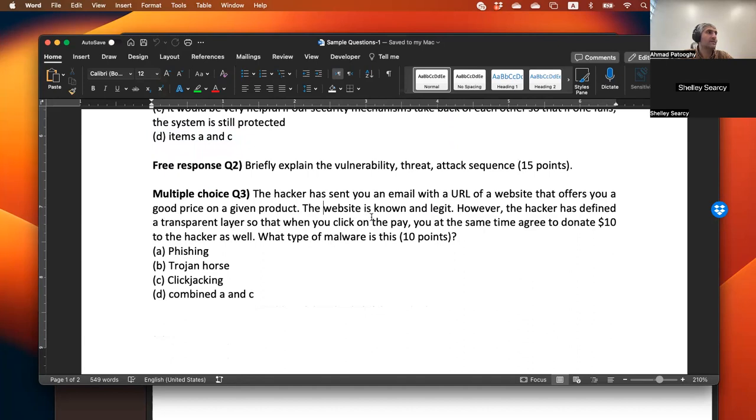The website is known and legit. However, the attacker has defined a transparent layer so that you click on that layer to pay. At the same time, your click is also considered as giving them permission to charge you for a $10 donation as well. So what type of malware is this attacker using?